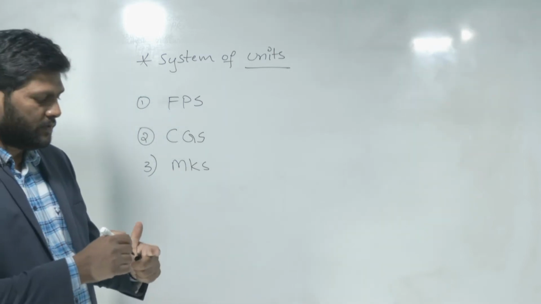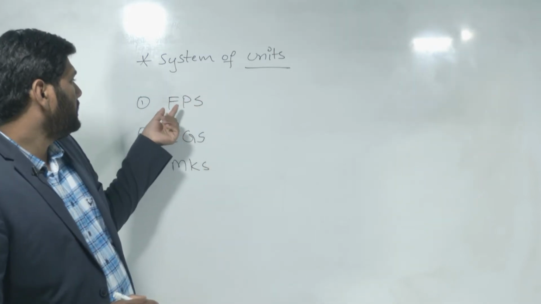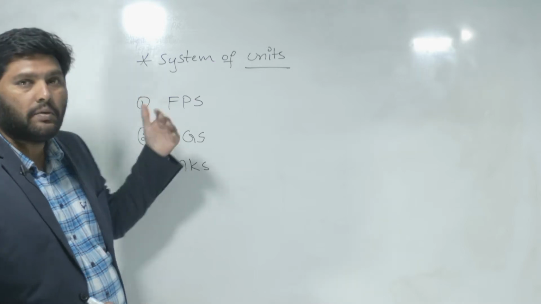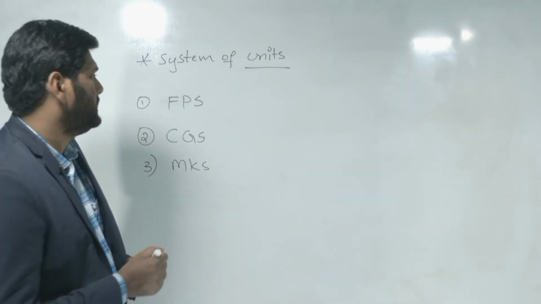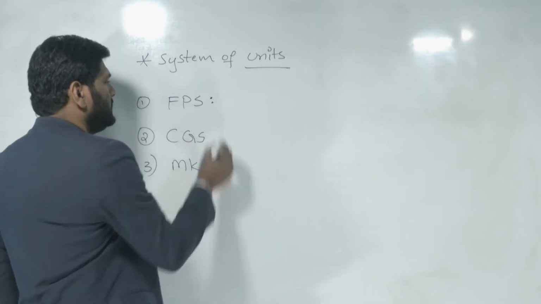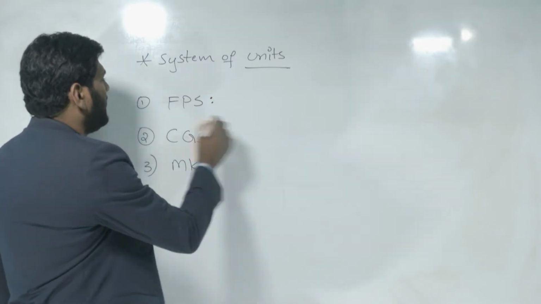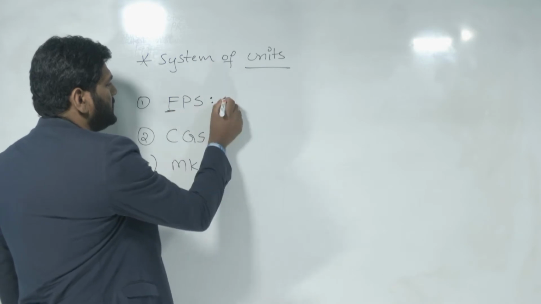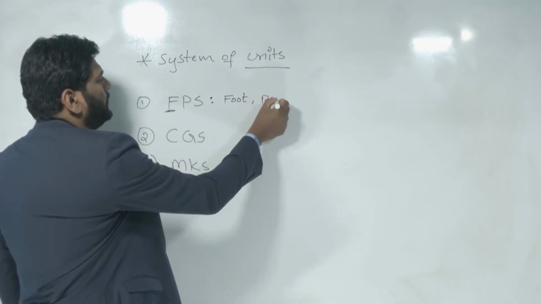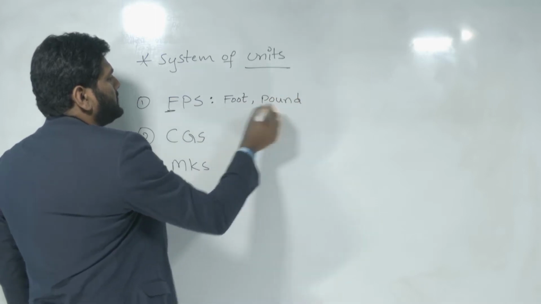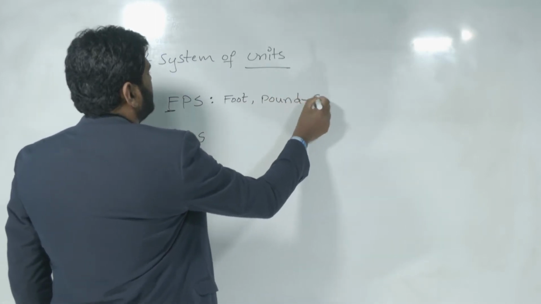In every system of units, we have units for physical quantities. Here in this FPS system, F stands for foot, P stands for pound, and S stands for second.